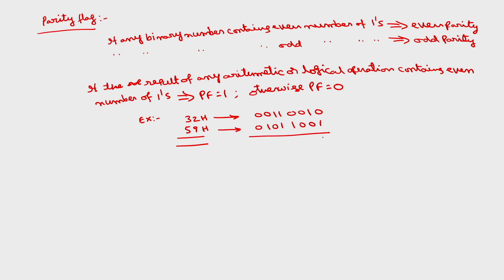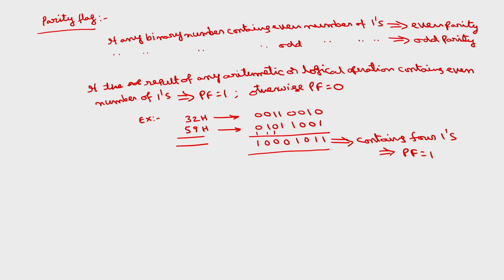Adding these gives 1000 1011. How many ones are there? This contains 4 ones, so the parity flag is set because 4 is an even number. This is a simple flag.